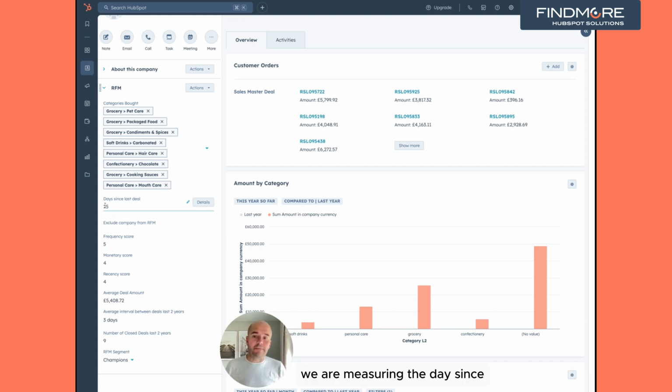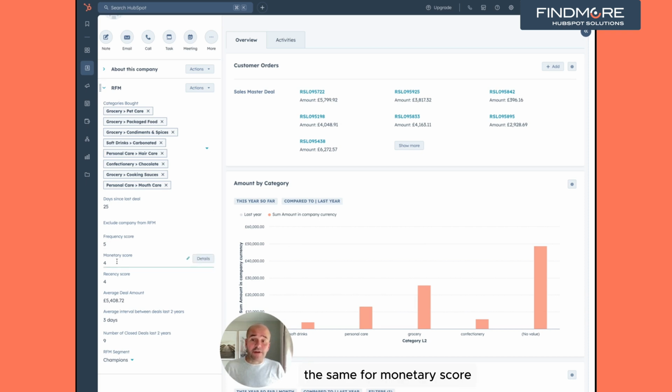Basically, we are measuring the days since the last order or deal, and we do this for all the companies that are subject to the RFM analysis. Then once we have this list, we organize them, and to the top 20%, we give a 5. To the next interval, from 21 to 40, we give 4, and so on until we give 1.